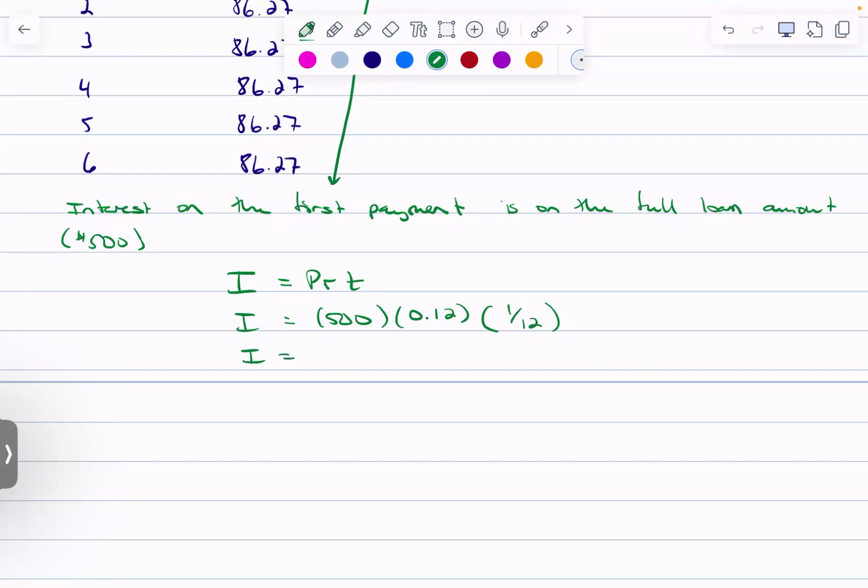This becomes 0.12 divided by 12 is 0.01 or 1% times 500. We need to pay $5 in interest.